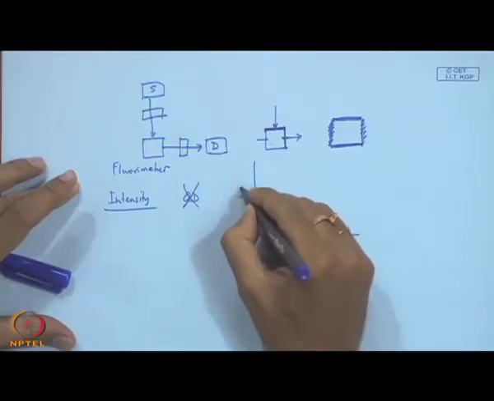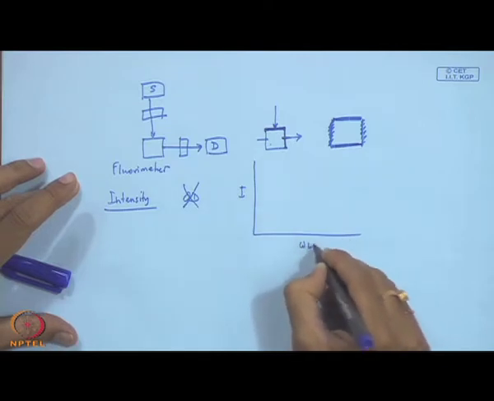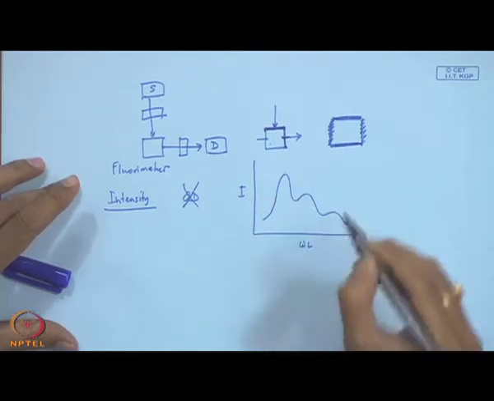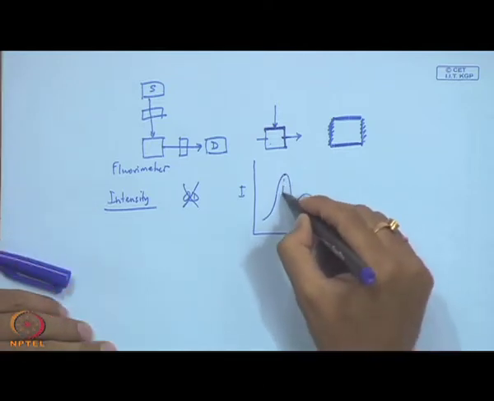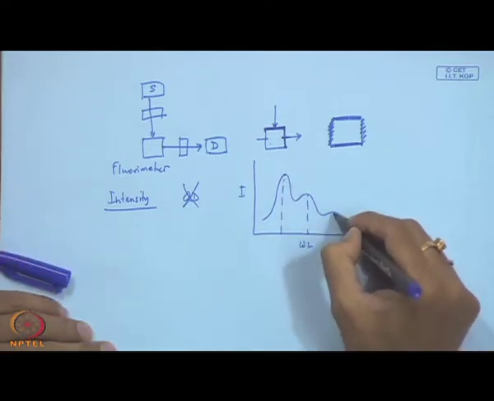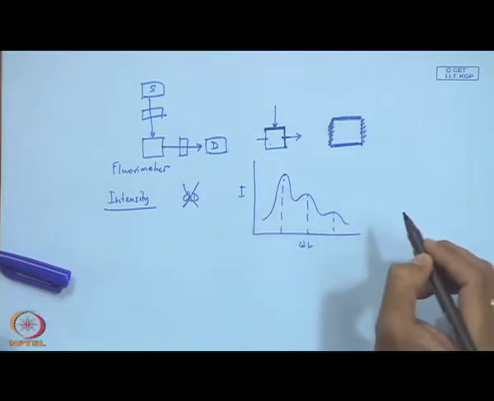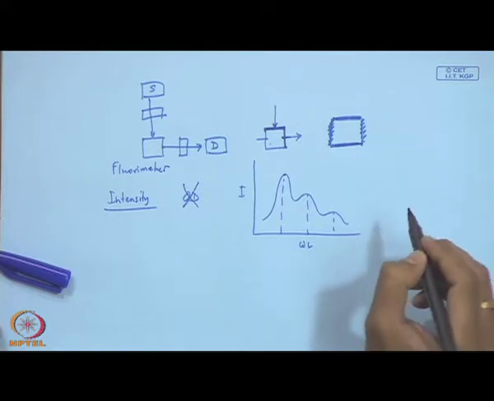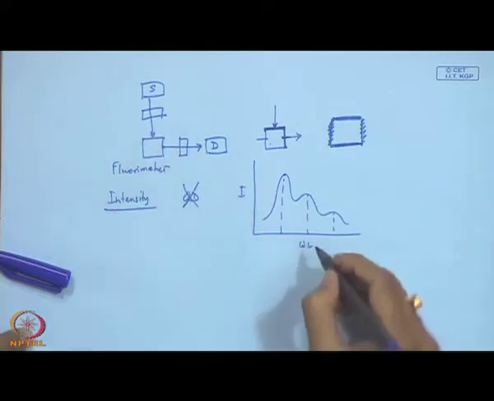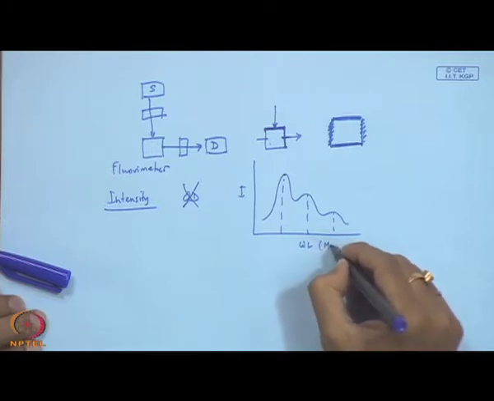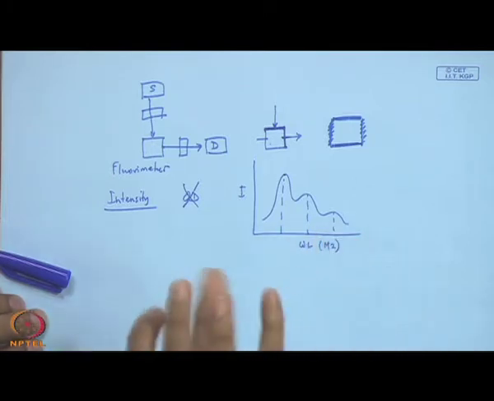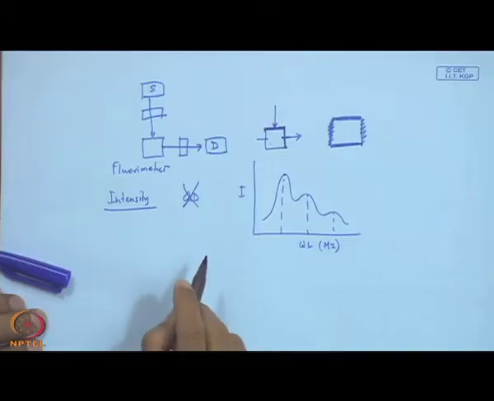That results in an emission spectrum, and generally if you plot intensity versus wavelength, it will look something like this. So this is one emission maximum, this is another maximum, this is the third maximum. This is your emission spectrum, when monochromator 2 is analyzing this emission.